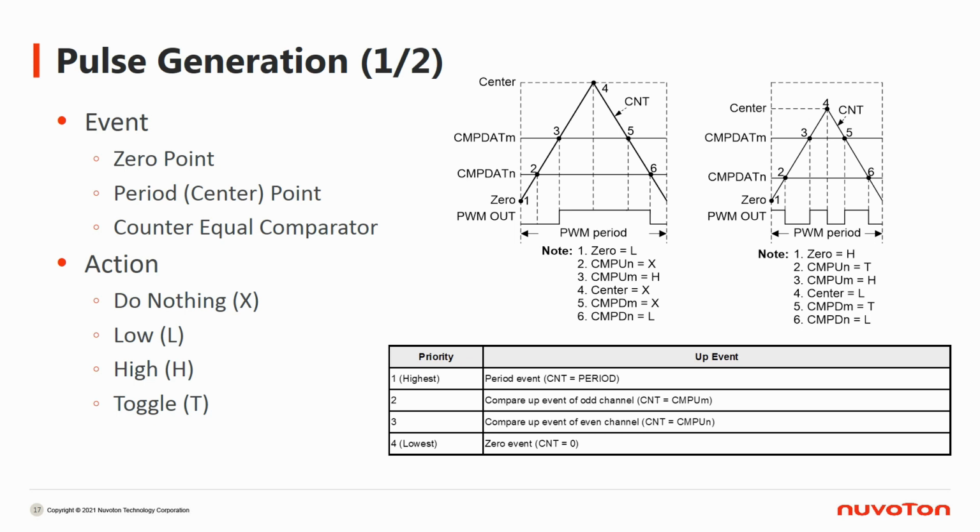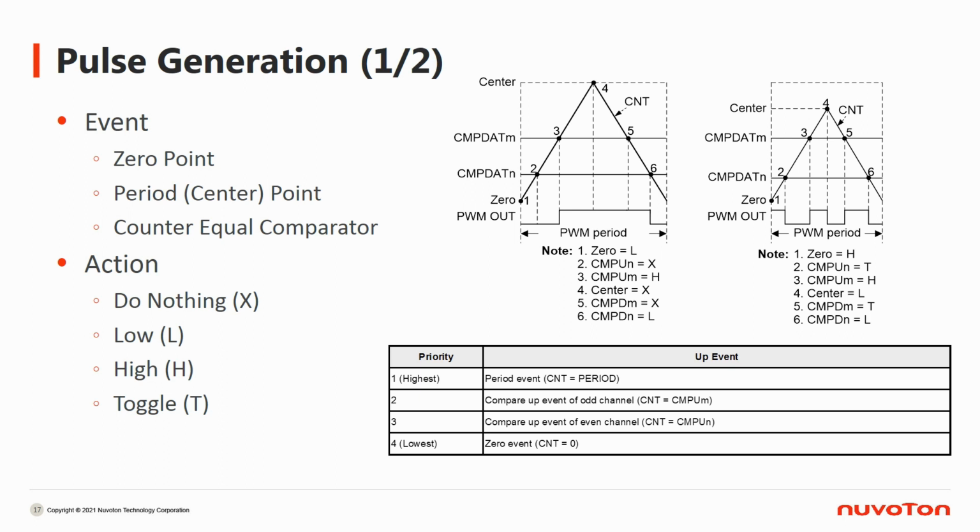Take the first graph on the right-hand side as an example. It defines 6 event-action pairs. The first is 0 equals L, meaning when the counter reaches 0, like 0.1 in the graph, it would output low.